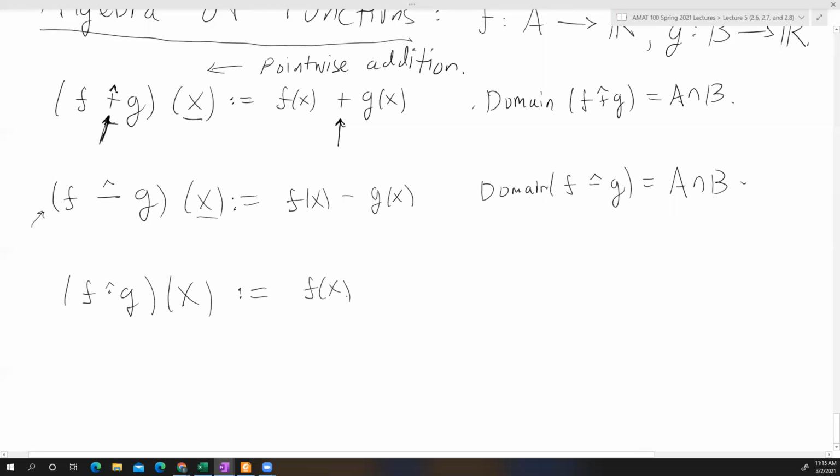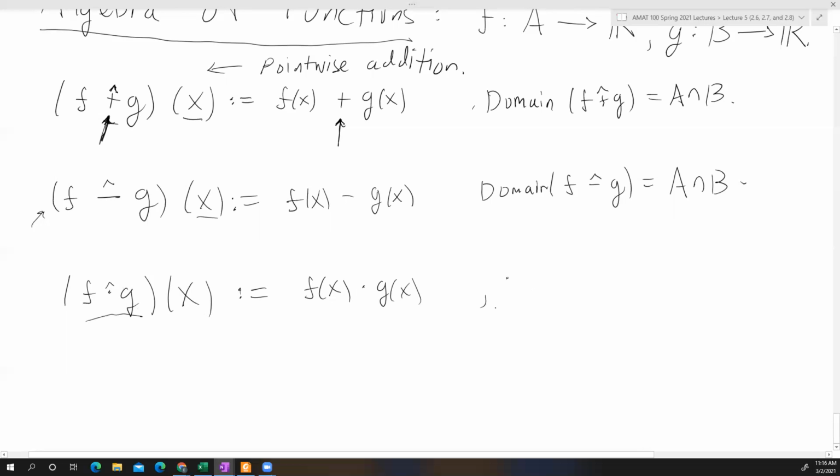We need to specify a rule for this function. You take x as your input and feed it through this function. The rule is that you plug it in f, plug it in g, and then multiply those two numbers together.